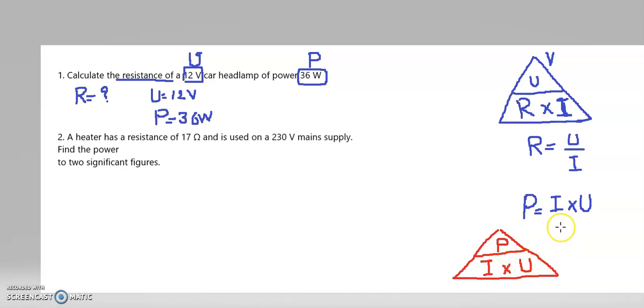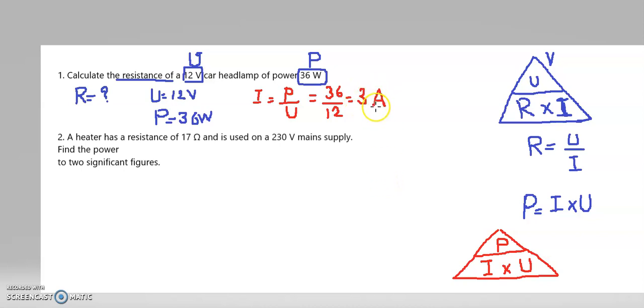And I am going to work out the current. So put your hand on I. P is on the top, U on the bottom. So I is P, power, divided by voltage. So power is 36 divided by 12. The answer is 3 and the unit is amps.